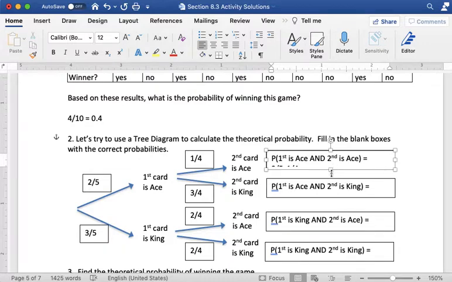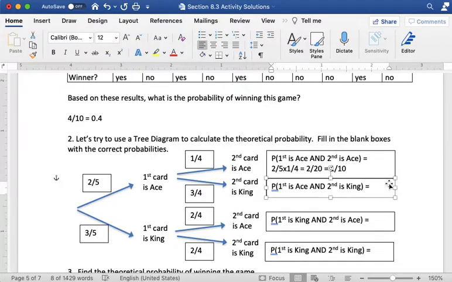I'm going to make this box bigger so that you can see it. And remember that when you're multiplying fractions, you're going to multiply the numerator and multiply the denominator. So my numerator is going to be 2 times 1, which is 2. And my denominator is 5 times 4, which is 20. So I get 2/20, which I can simplify to 1/10.